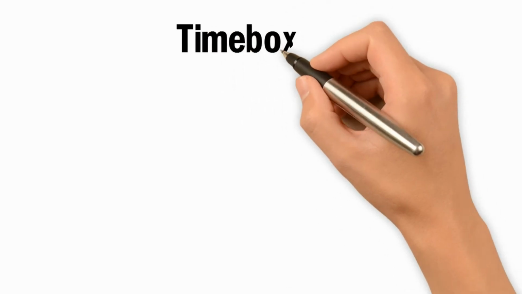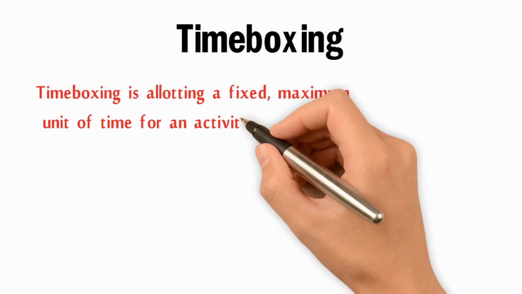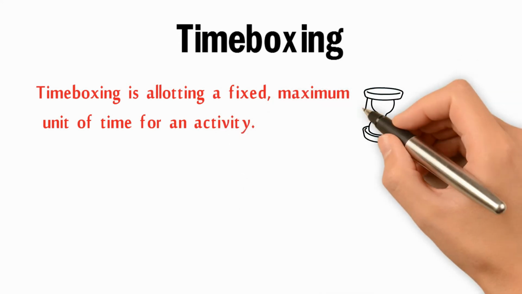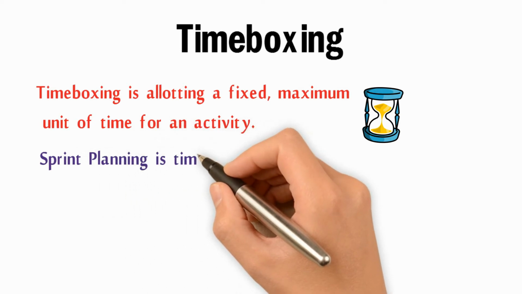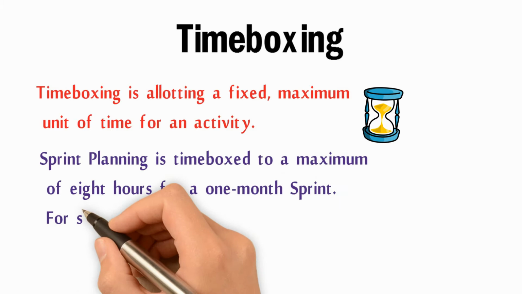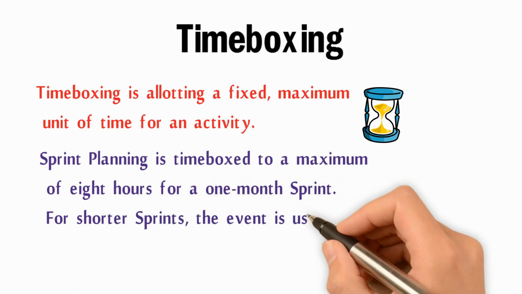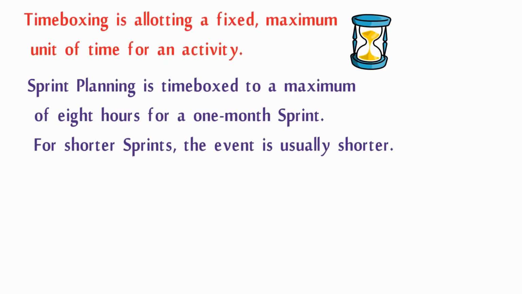Time boxing. Time boxing is allotting a fixed maximum unit of time for an activity. Sprint planning is time boxed to a maximum of 8 hours for a 1 month sprint. For shorter sprints, the event is usually shorter.